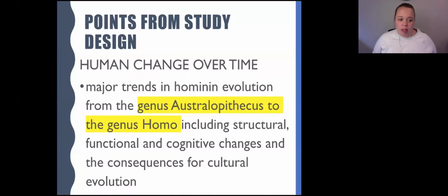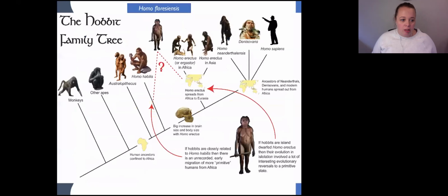So again, we're looking at the major trends in hominin evolution from the genus Australopithecus through to the genus Homo. Here is a phylogenetic tree that shows us what may have happened with the evolution of humans.